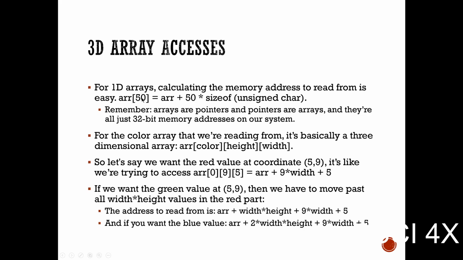So for an integer array, and this is what was causing a lot of problems for you guys last time, you would be trying to access element 50, and so you just add 50 to the array pointer. And this would actually work in C++, right? In C++, if you added 50 to the array, it would go 50 integers to the right. But in assembly, you have to make sure you multiply by the size of the data type. So you had to go 200 bytes to the right.